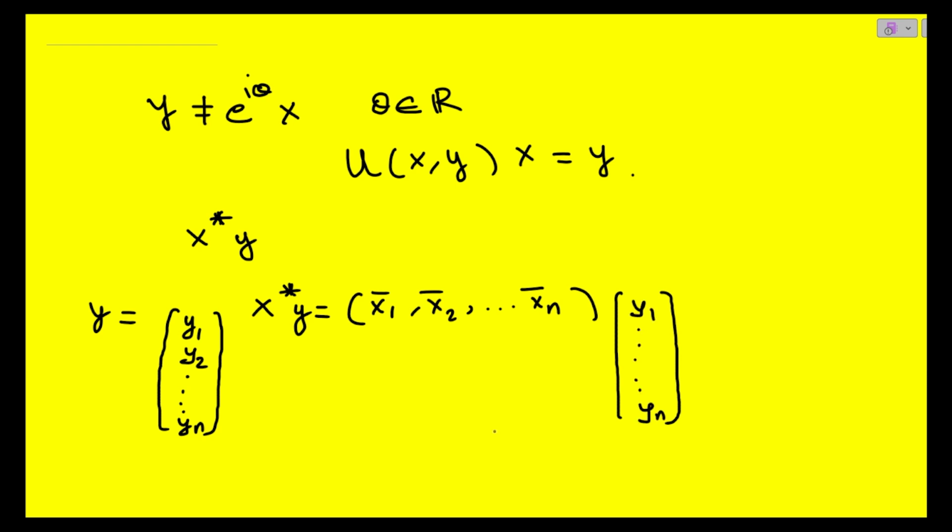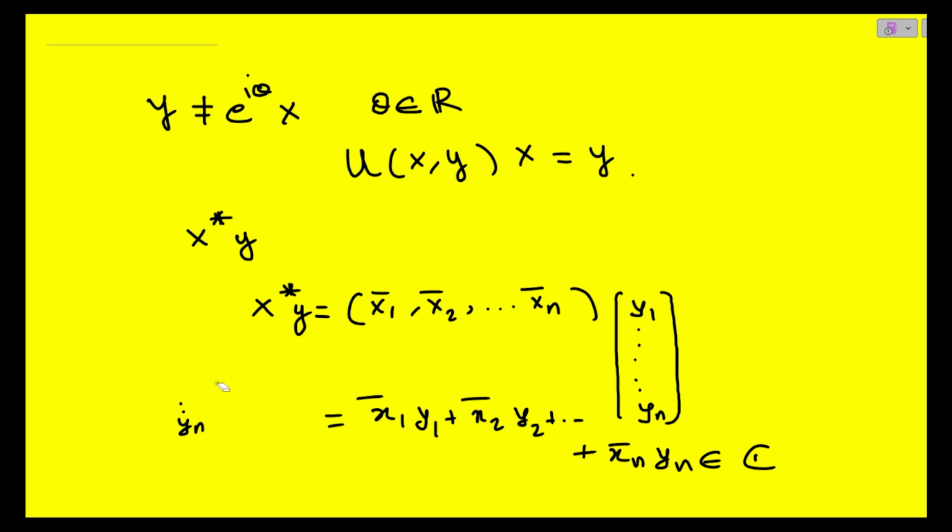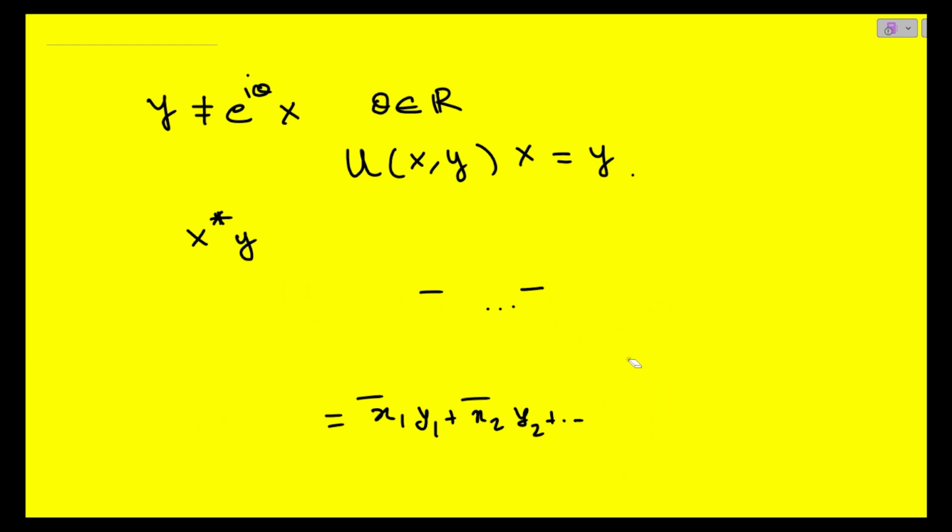Now you can see that this is nothing but x1 bar y1 plus x2 bar y2 plus etcetera plus xn bar yn, right? Now, this is just a number. This belongs to the complex numbers, right? So it's a number here, right? So that's what we see here. So let me erase all this. This is just to show you that this computation will give you just a number. Okay, so x star y.